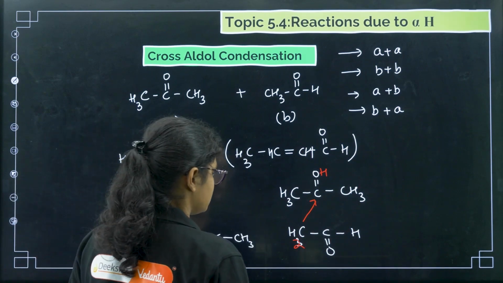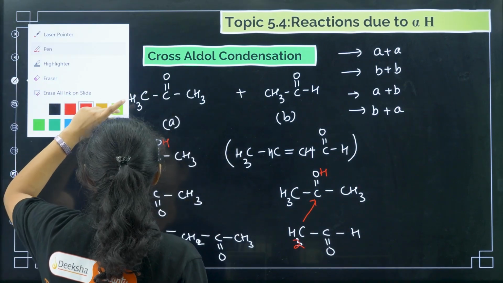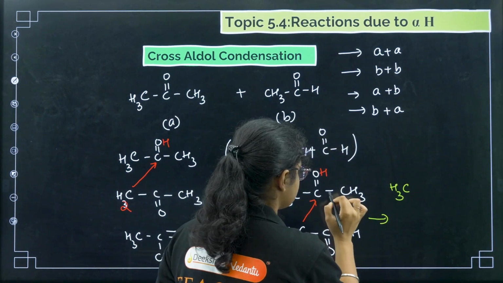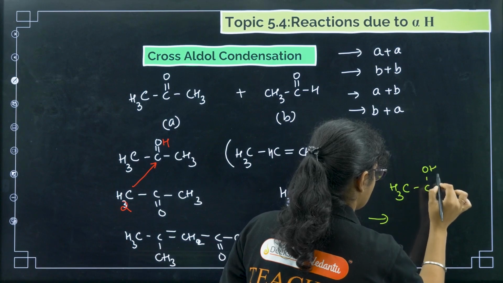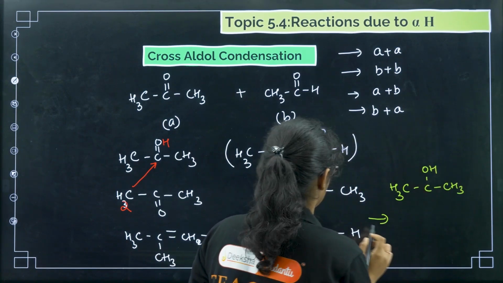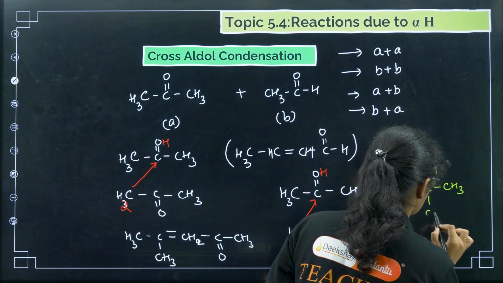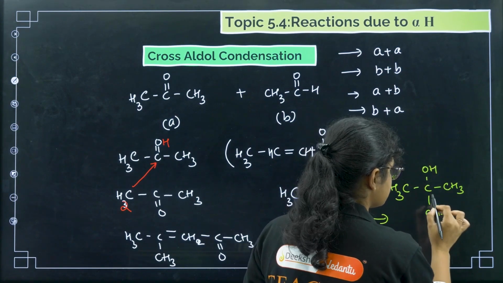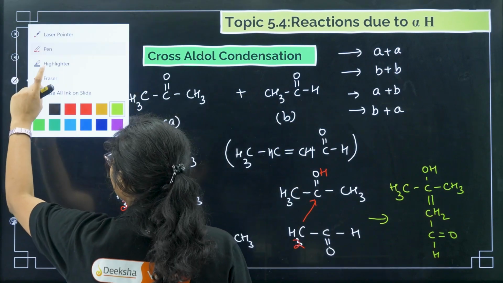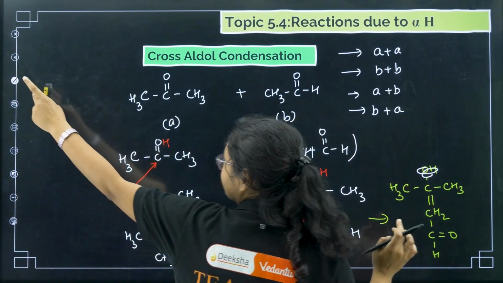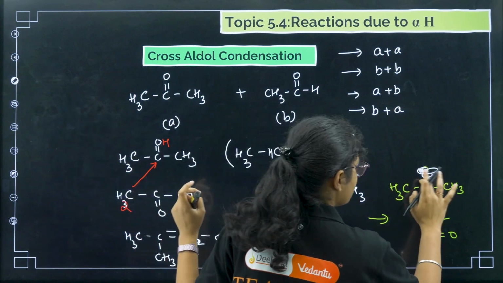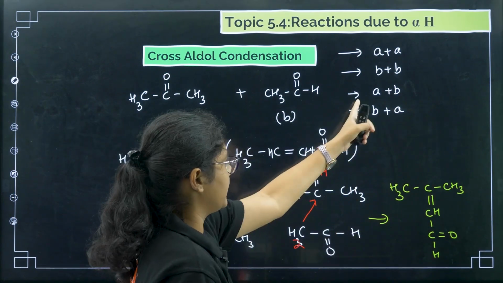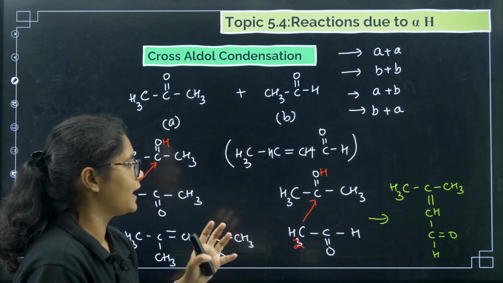So the product will be: this is CH3 here, here it is CHOH and here it is CH3, then we have CH2 here and C double bond O. Now there will be dehydration here, we'll get a double bond here, and this one we have to remove. So we'll get a compound like this for A plus B. Similarly, you have to react B plus A.